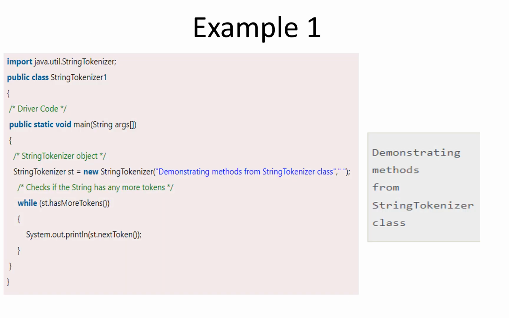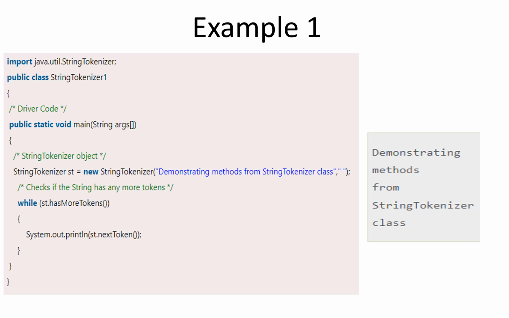Let us see the example. Since StringTokenizer is a class available in the util package, we have to import java.util.StringTokenizer. As usual, public class name, driver method, public static void main String args. Then we are defining the instance of the StringTokenizer class. That means the object has been instantiated: class name, space, object name.